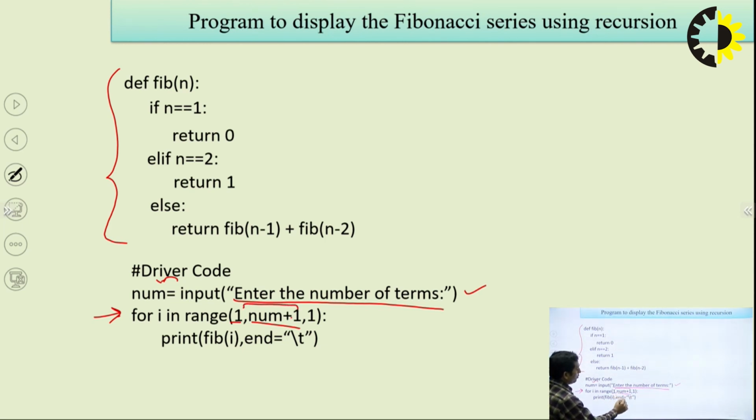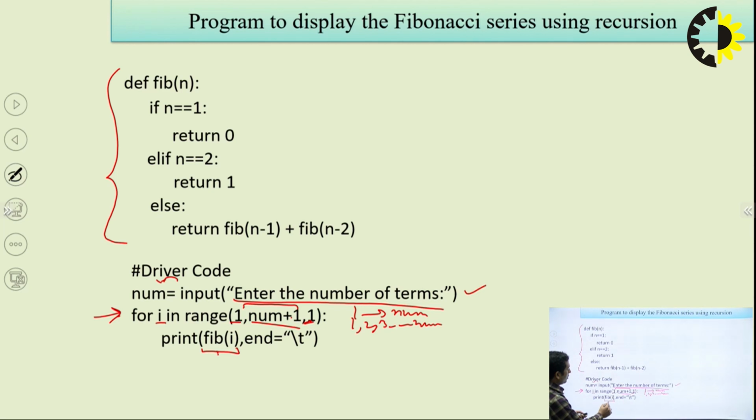Excluded means this will go from 1 to num, and this is the jumping step, stride is 1. So we get 1, then 2, then 3, up to num, and for each y we are calculating the value.